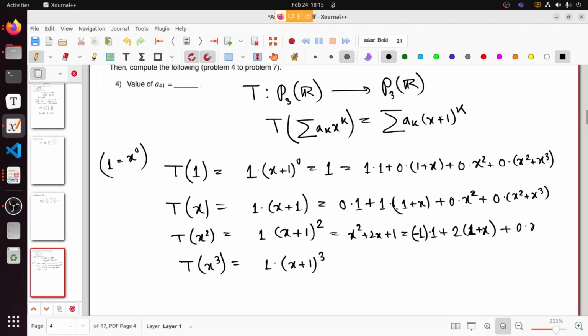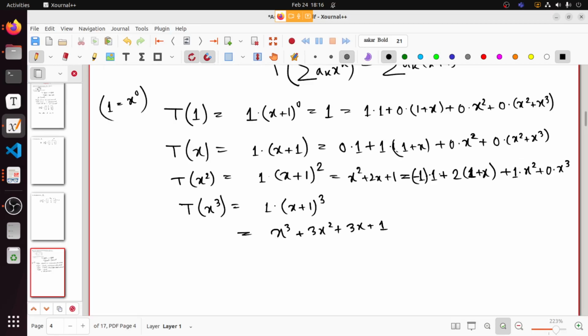Plus 1 into x squared, plus 0 into (x squared plus x cube). So you write it like this. And how to write this last one? Just expand it: it will be x cube plus 3x squared plus 3x plus 1.